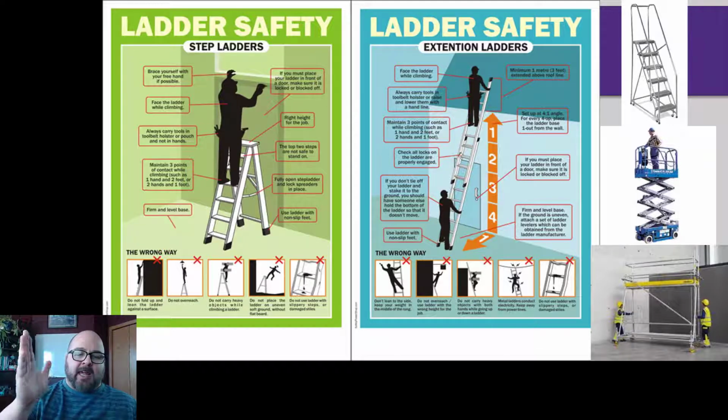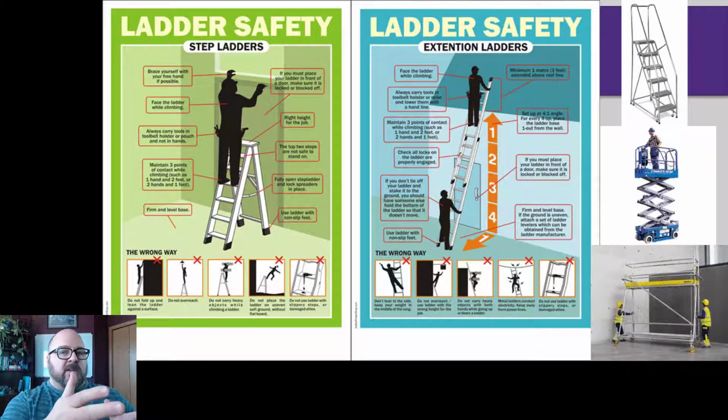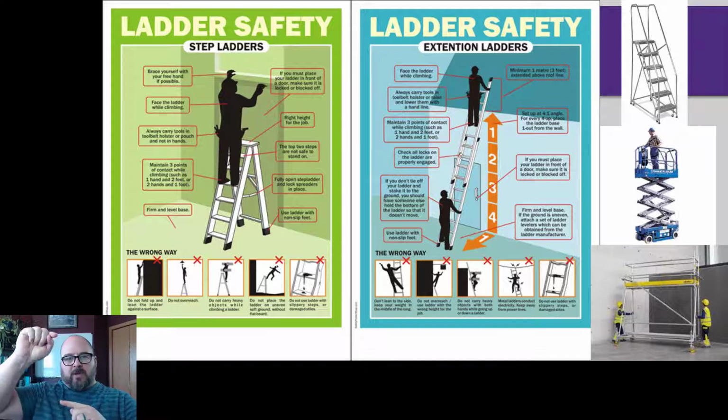If you're using an extension ladder or a straight ladder, there are some requirements for setting it up that comes naturally in the design of an A-frame ladder. And that is, it should be at a 4-to-1 angle. So for every 1 foot away from the wall, or every foot away from what would be considered plumb from the top of it, it should be 4 feet up.